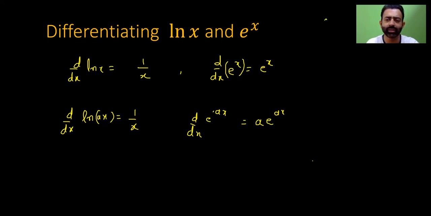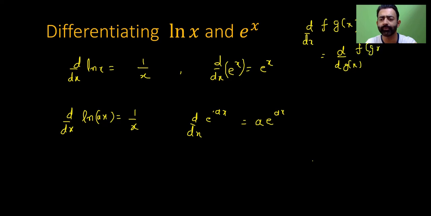Suppose it is a composite function f of g(x), and you are differentiating this with respect to x. You first differentiate f of g(x) with respect to g(x), and then differentiate the inner function g(x) with respect to x. This is the chain rule.